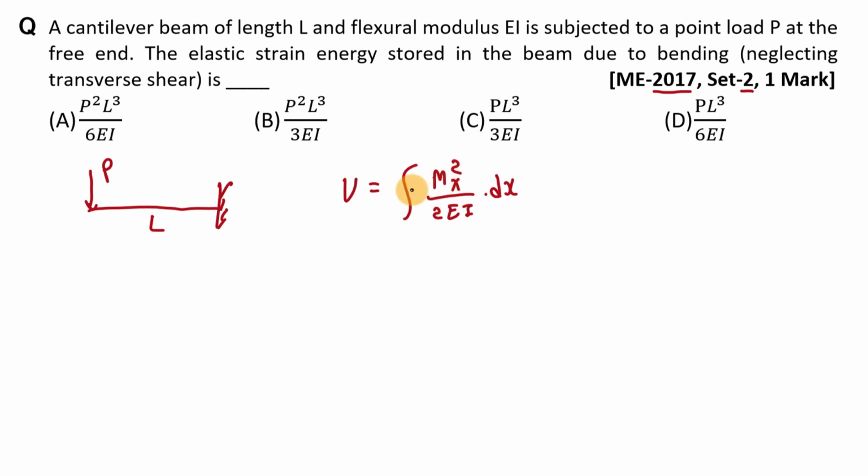To find Mx, we will take this point as origin where x is equal to 0 and take this direction as the x direction. So at this point x is L, right?